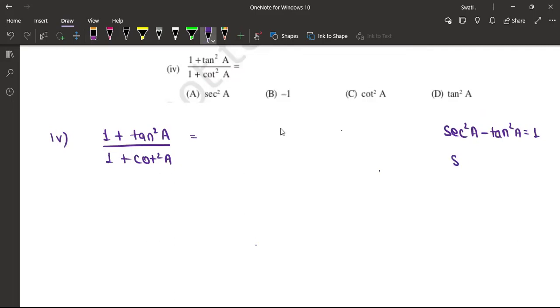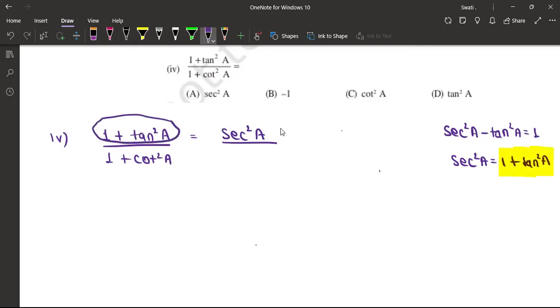So from here, can you not see that we can write sec square A as 1 plus tan square A, and we have got a formula for 1 plus tan square A. So for 1 plus tan square A, what can we write? Sec square A. So we can write sec square A in place of 1 plus tan square A because we are getting it. Similarly, we can do it for 1 plus cot square A also.